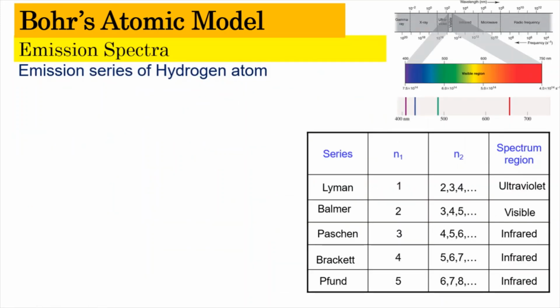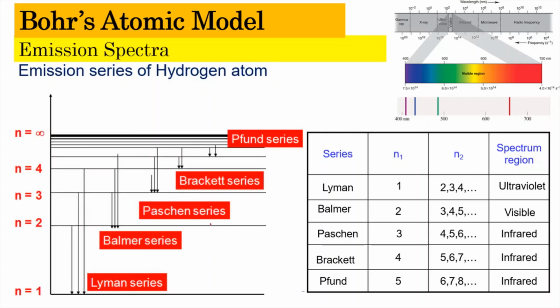The idea of Balmer can be seen more clearly using the energy level diagram as shown here. The Balmer series, as you can see, is the name when the electron drops from a higher energy level into n equal to 2. It doesn't matter how high the electron is, as long as it drops to n equal to 2, it is known as the Balmer series.